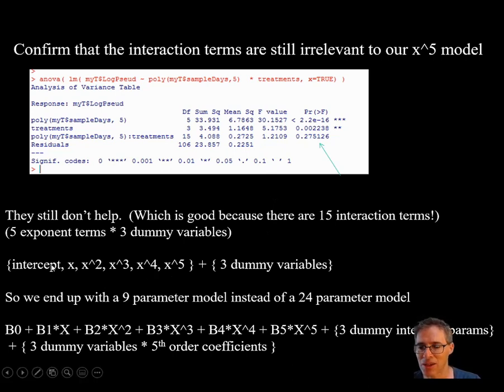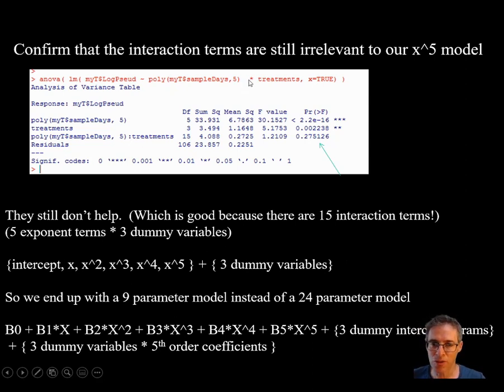So that has the intercept plus 1, 2, 3, 4, 5 coefficients up to the fifth order polynomial. So that's 6 parameters plus the 3 dummy variables that reflect moving the shape up and down the intercept. So there's 3 dummy variables there, and that only makes for the 9 parameters.